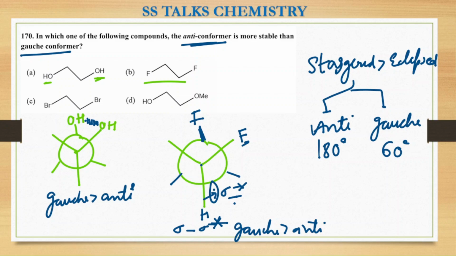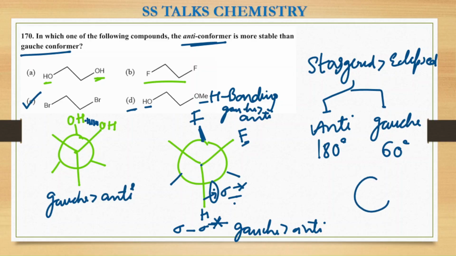Similarly, if you see in molecule D, here the OH and the ONa group are present, again you can observe the presence of hydrogen bonding in it. So the gauche conformation again will be more stable as compared to the anti one. Whereas if you see in 1,2-dibromoethane, here the anti conformation is more stable as compared to the gauche one. The reason for that lies in its steric hindrance.